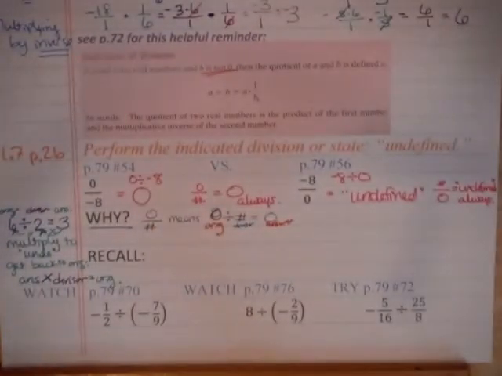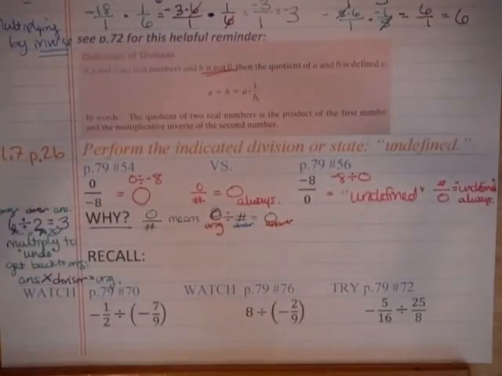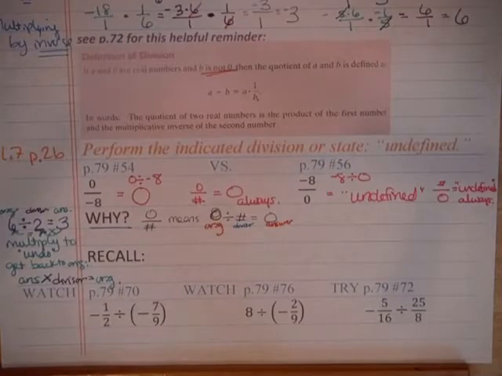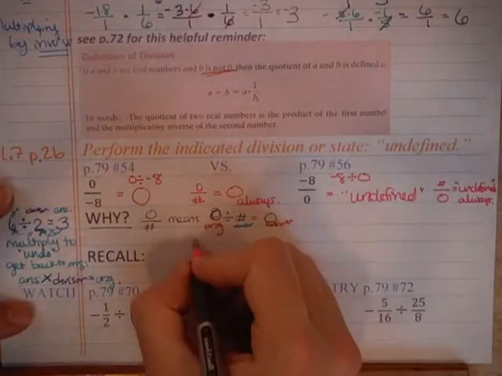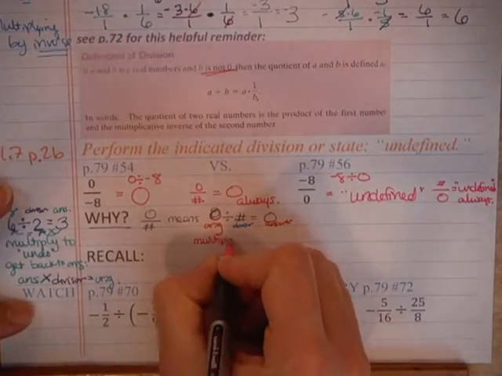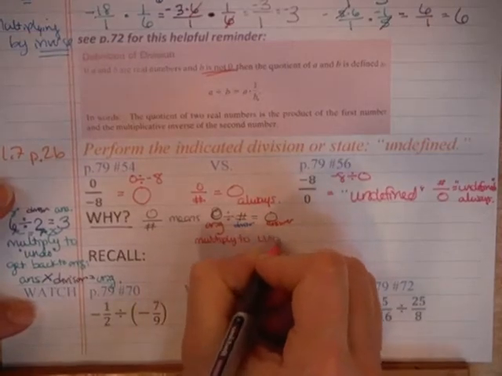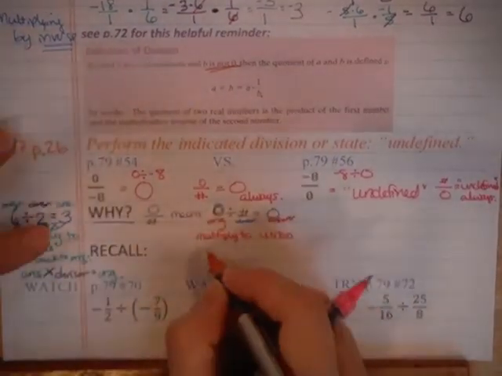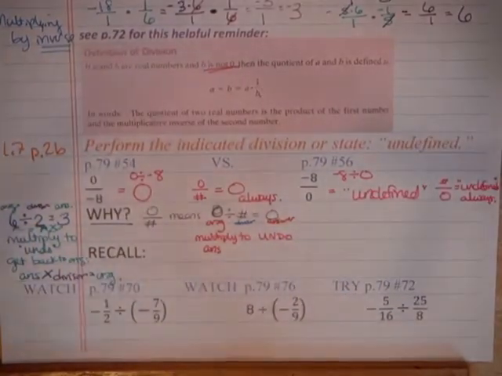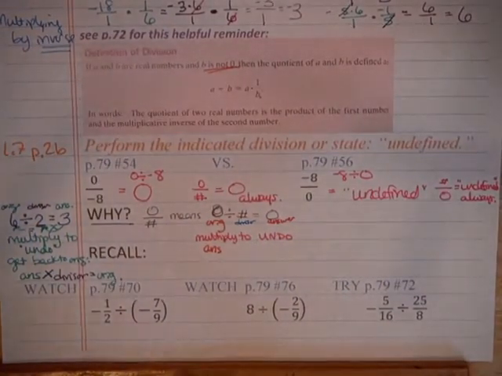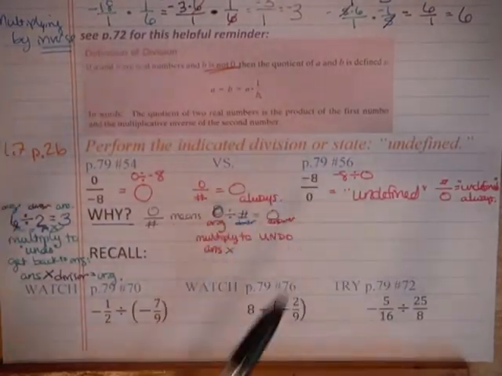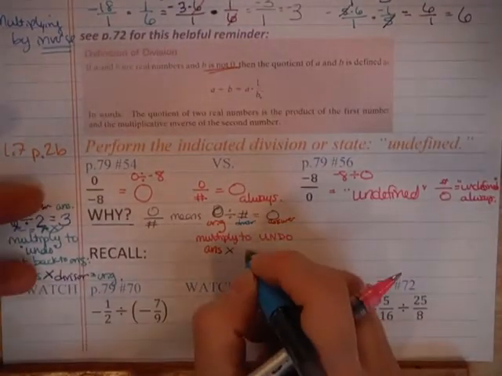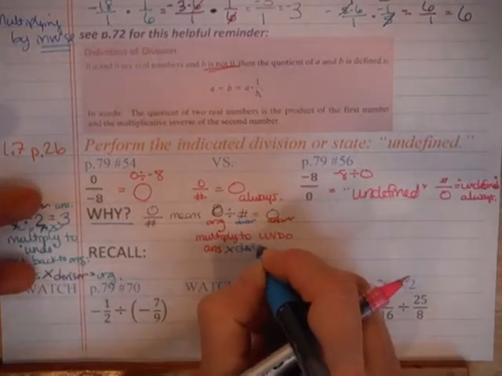And because this is division, the opposite operation, multiplication, should undo it and get back to our original. So we would multiply to undo the division. We would take our answer times our divisor, or the quotient, you could say.